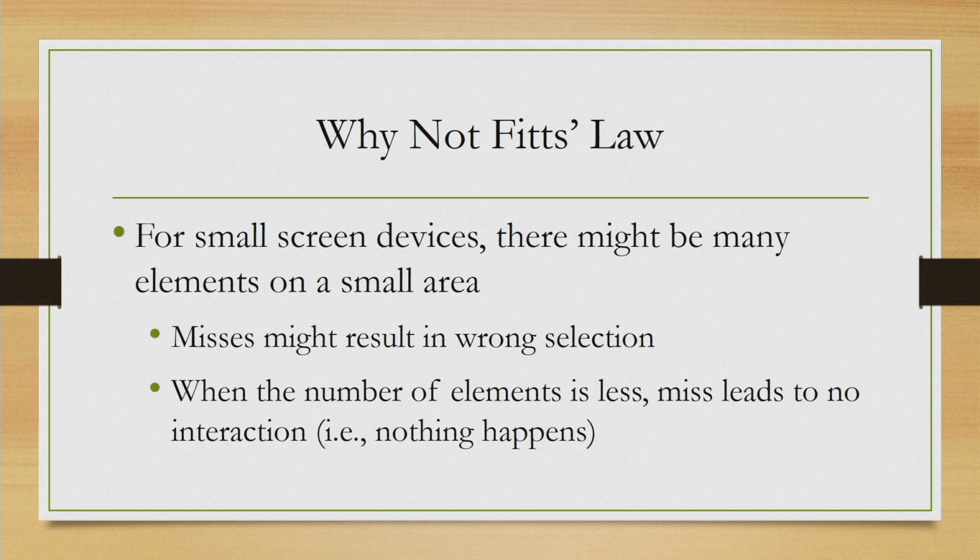So, what are the consequences of having a fat finger problem? Now, on a small screen device, we may see many elements packed within a small region. Now, if we touch a place which is not the desired one, then in that place there may be some other element which we do not want to select, but we may inadvertently select that element.